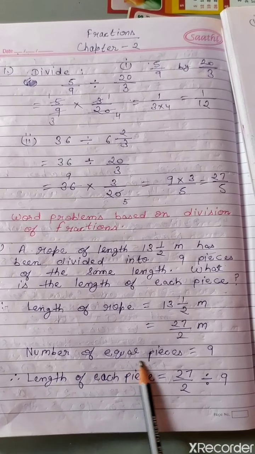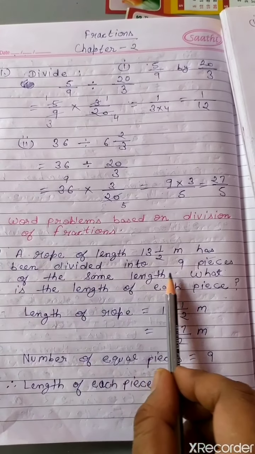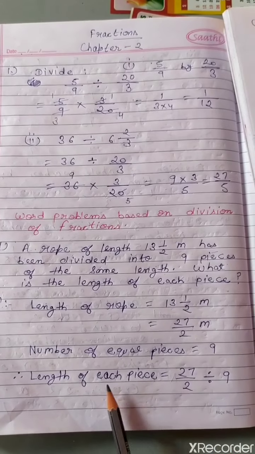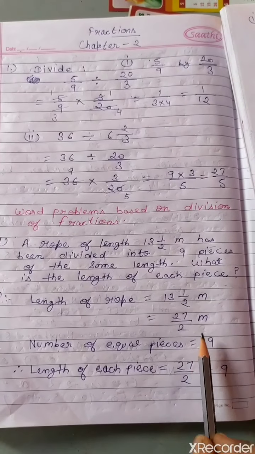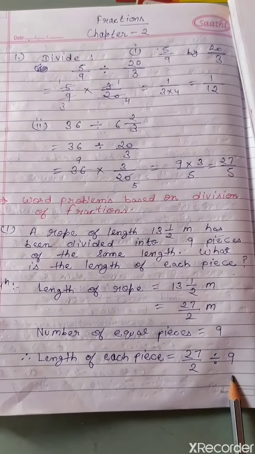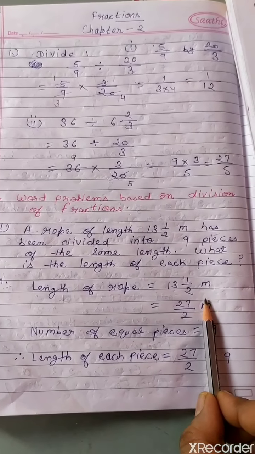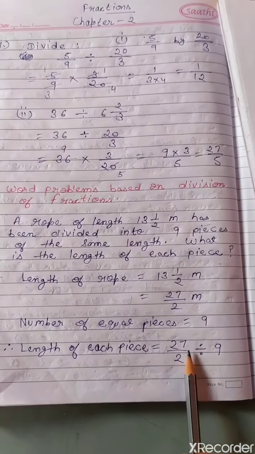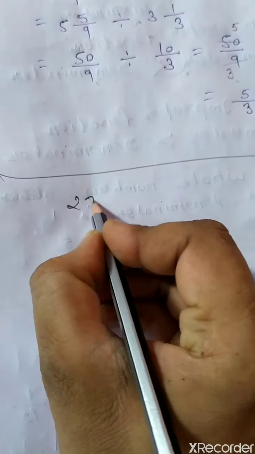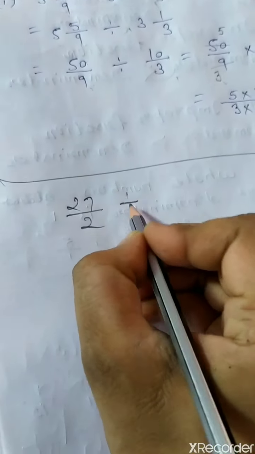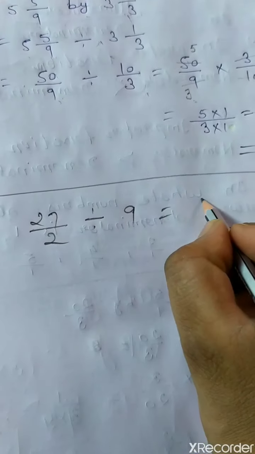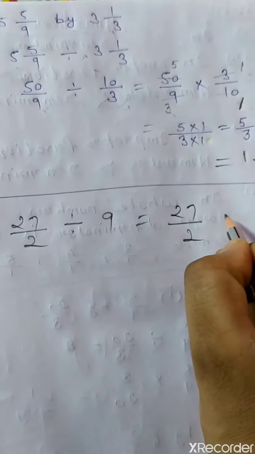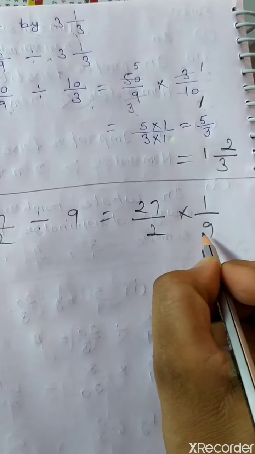Then the number of equal pieces is 9. It is given in the question, the number of equal pieces, 9. Then the length of each piece is total length divided by number of pieces. So 27 by 2 divided by 9. That you can get like this: 27 by 2 divided by 9 equals 27 by 2 into 1 by 9.